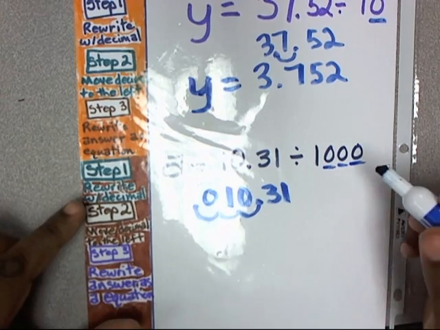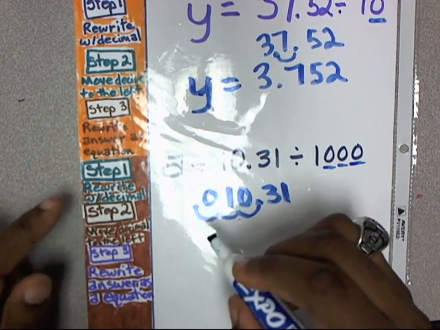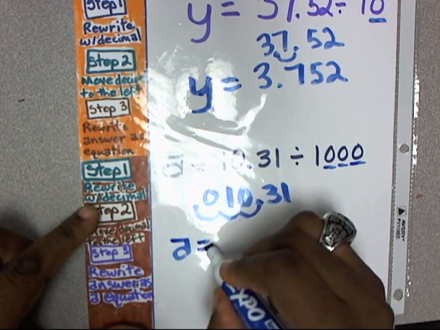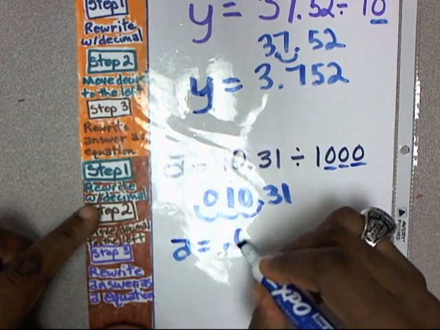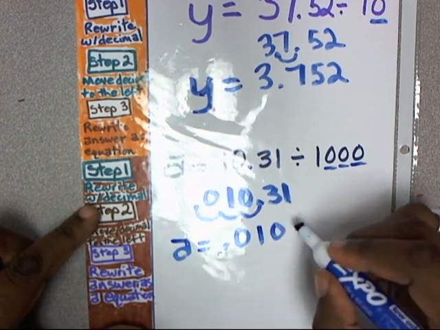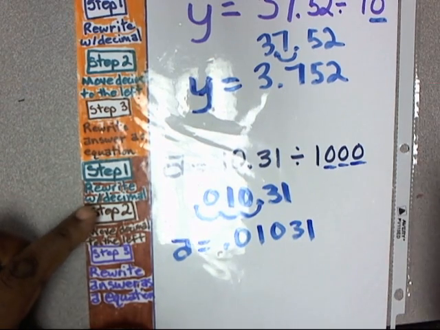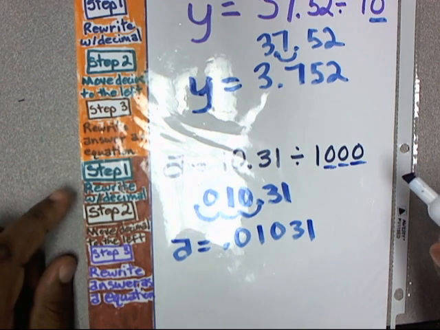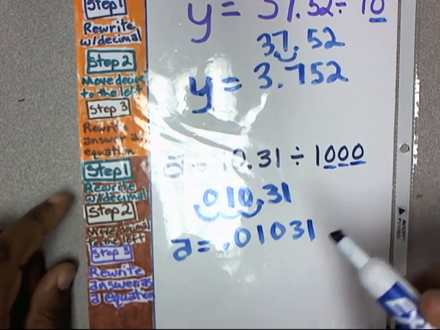Now, I will rewrite the answer as an equation, which is A equals 0.01031. And that is how you multiply and divide with decimals.